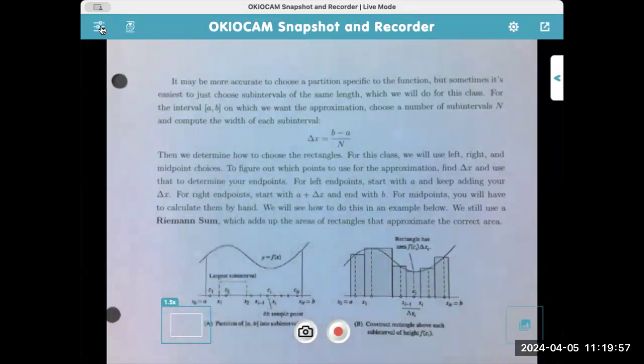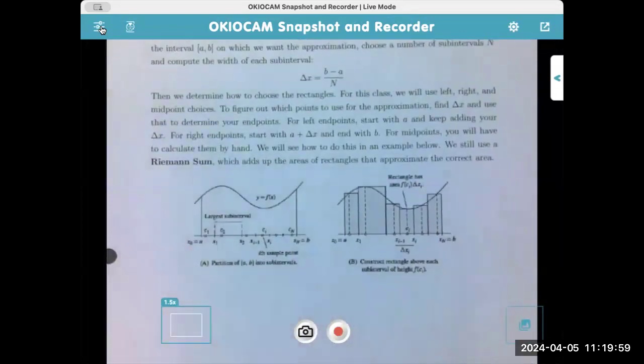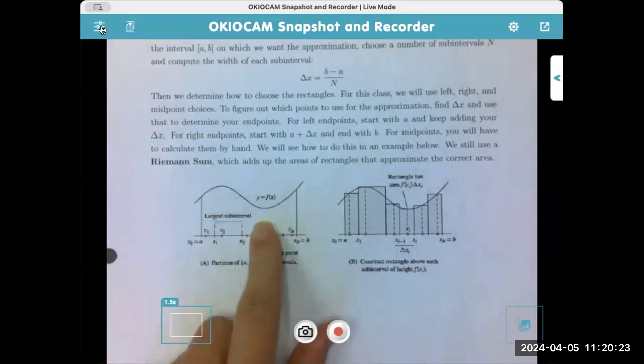So here, say we are still using, well, no, okay, new function, I lied. I thought it was from the first page, but it's not. So if I have this function here, this is a partition of A to B into subintervals. They're saying our subintervals are x1, x2, here's a random one, and then B, however many random ones we want.